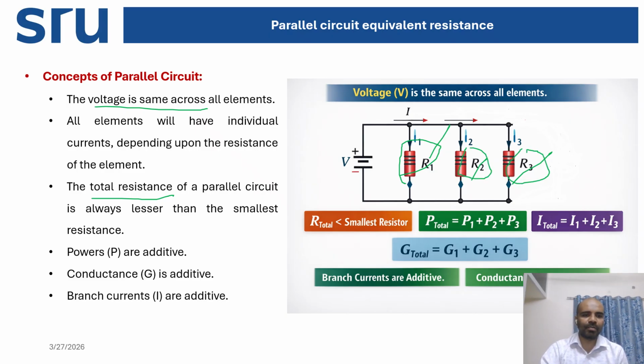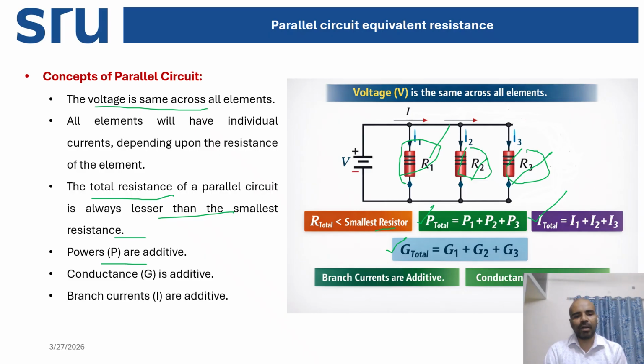So this is one of the unique properties of a parallel circuit. Another thing is power is additive in nature. P equal to IV or I square R or V square by R. So power is additive in nature. The current is additive in nature. And what is G? G is called the conductance.